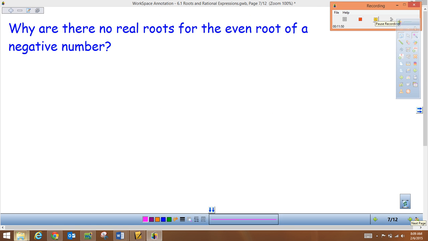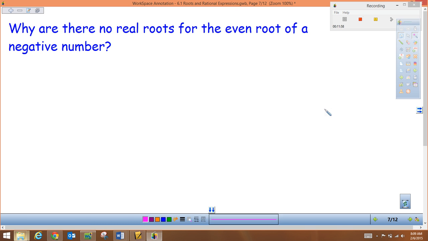Question for everyone. Why are there no real roots for the even root of a negative number? We should all know that answer. The root for an even root of a negative number is an imaginary number.